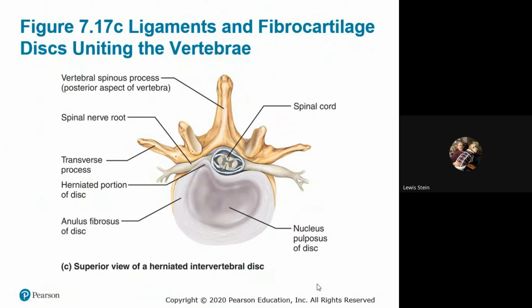Phrase that question. A lot of them are just going to be very simple. A, identify the structure. A, identify the bone. B, identify the landmark. C, the landmark. D, the landmark. For here, it would be identify the structures. So that'd be more generic. So you'd have the annulus fibrosus, nucleus pulposus, and then, here's spinous process and transverse process.